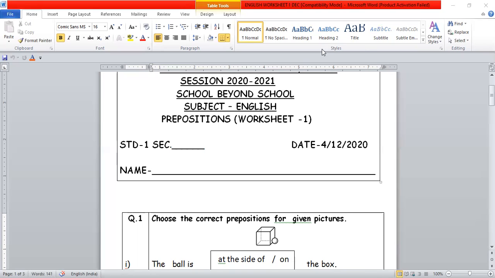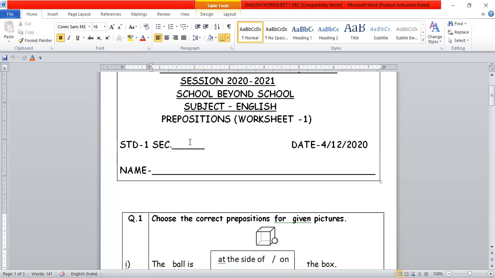So what we are going to do now, we will quickly go ahead and first let's try to understand the concept by solving the worksheet also, because it is something that we have done from the beginning also. It won't be very difficult for us to understand.